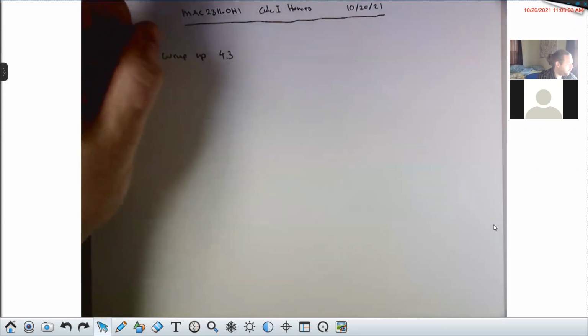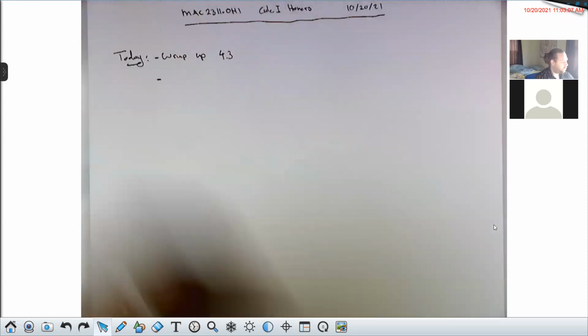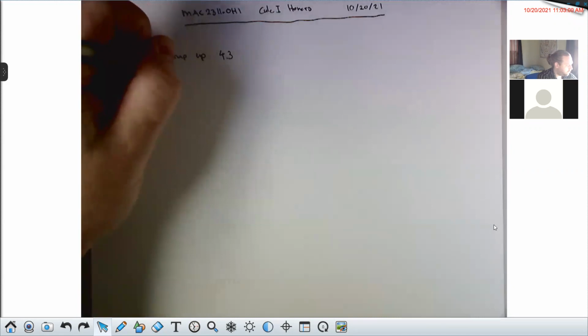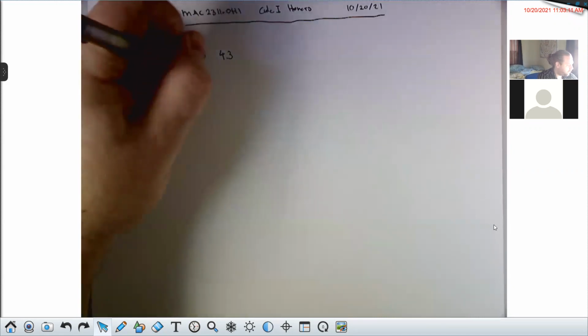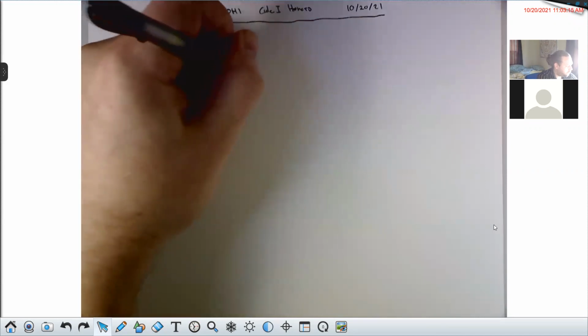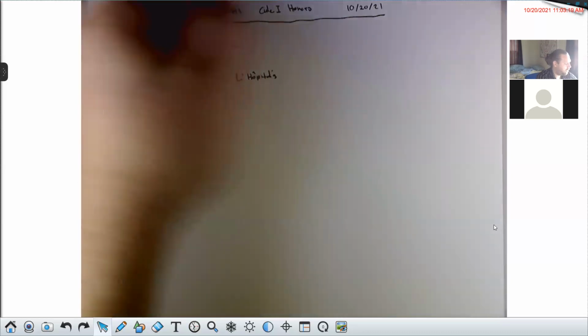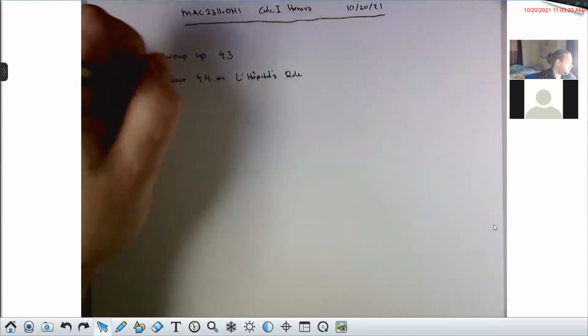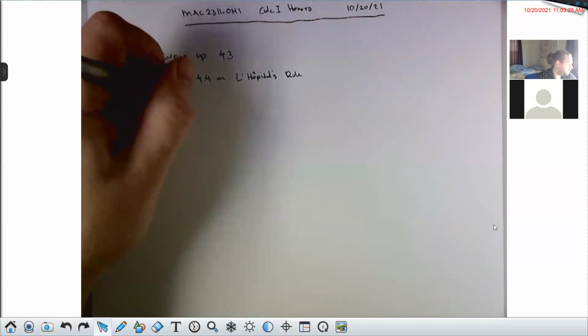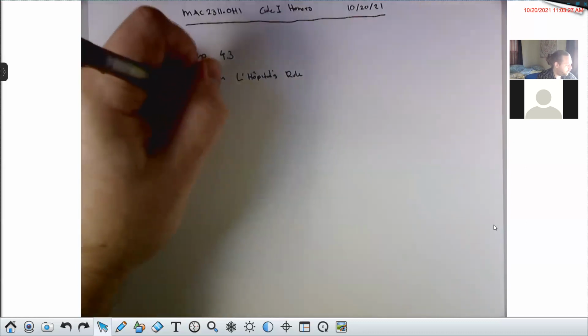which is the section we've been talking about for a little bit now, how derivatives affect the shape of the graph. We're going to cover section 4.4, which is on this rule called L'Hopital's rule. And we may introduce 4.5.